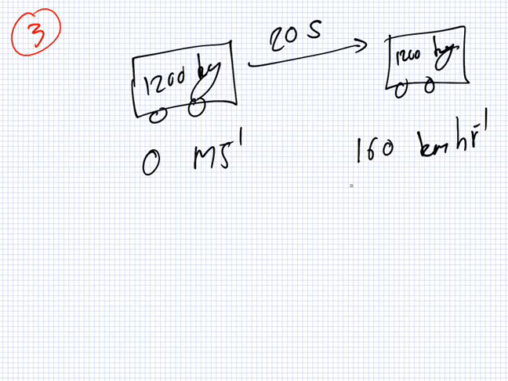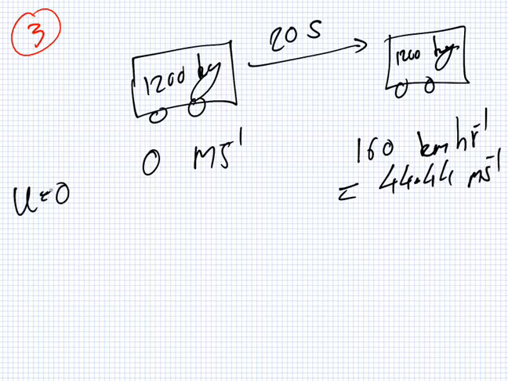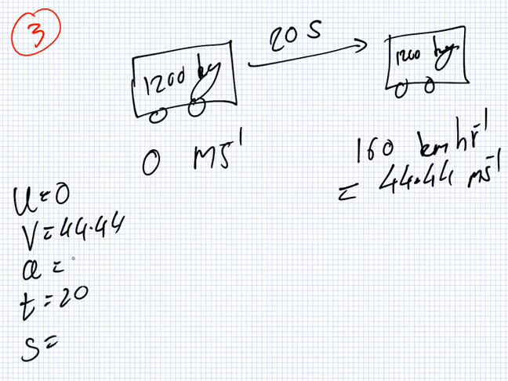And here for the second part, from here to here, the S again, I'll use the same formula. S is U, which is 0, T, which we have as 15.29, plus a half A T squared. So here S is 1146.